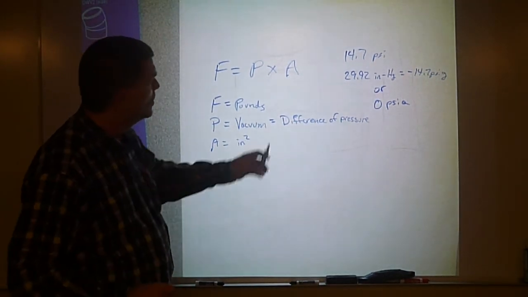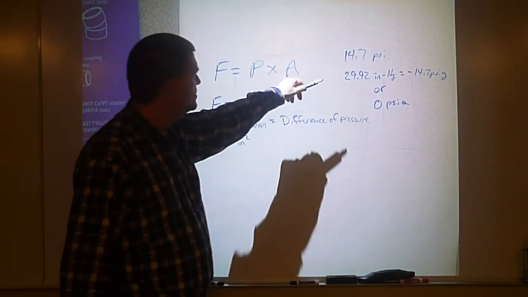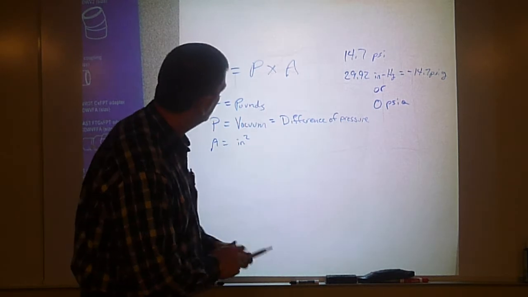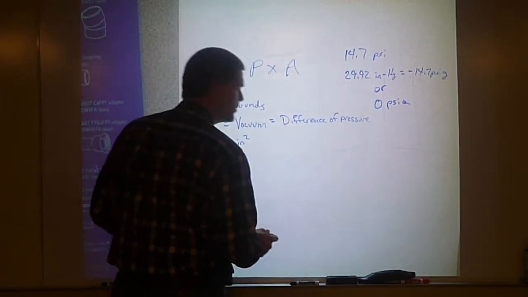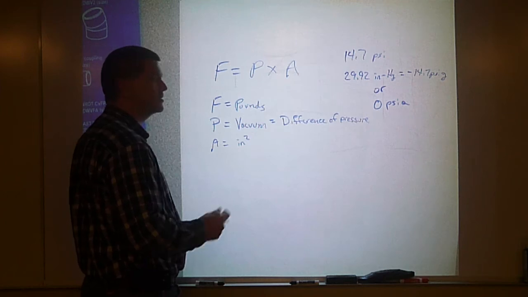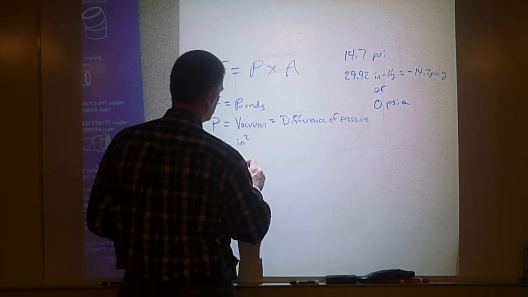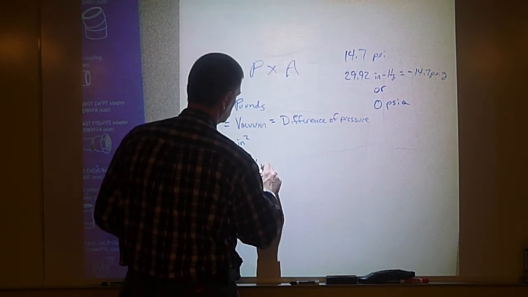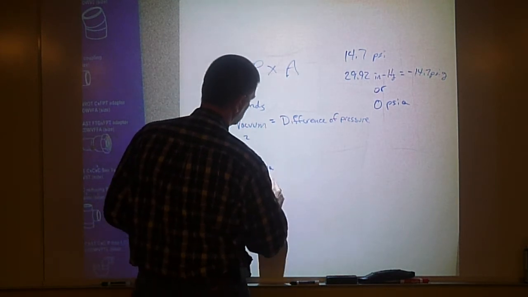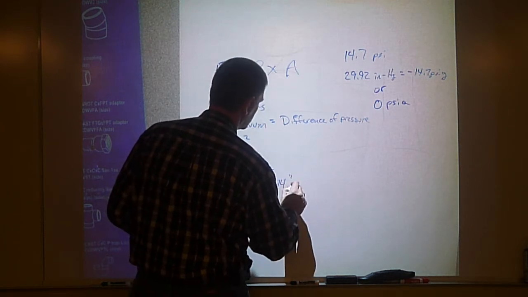So, that being said, if you have absolute or pure vacuum, 100% vacuum, at a, well, let's use a 2-inch diameter because that's easy to do. So, 2-inch diameter equals 3.14 inches squared.